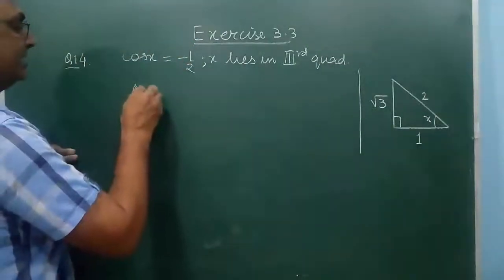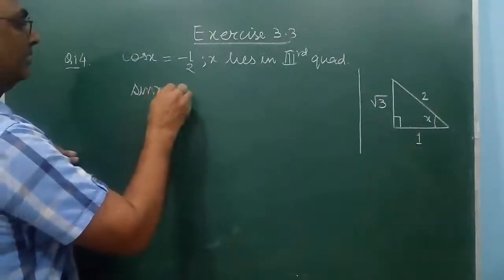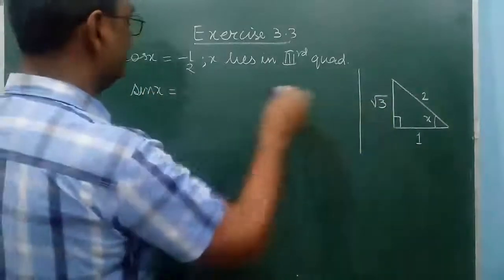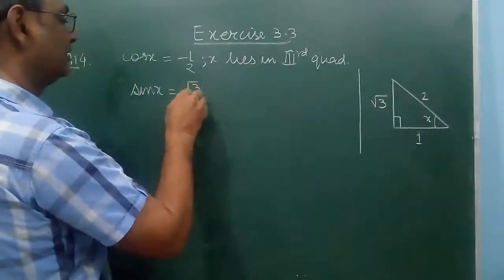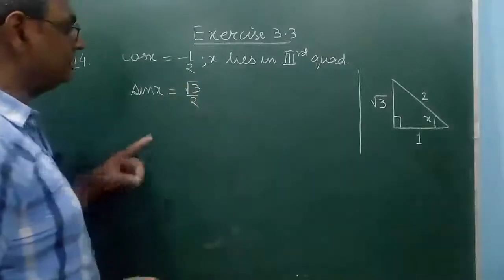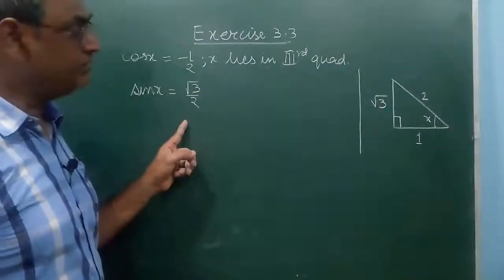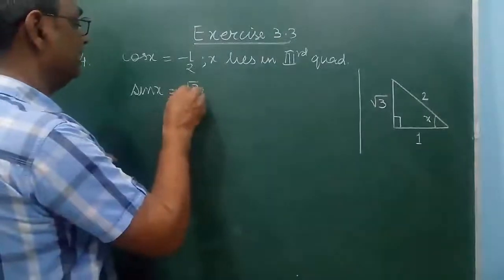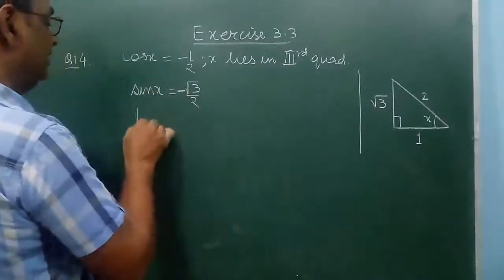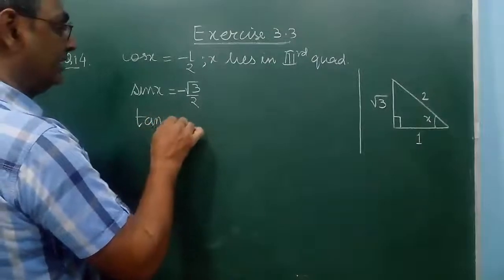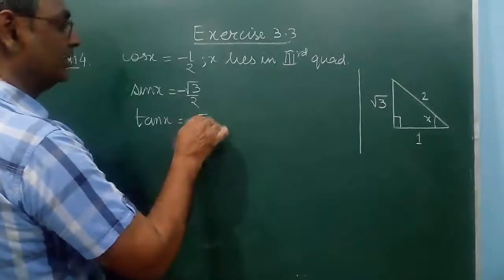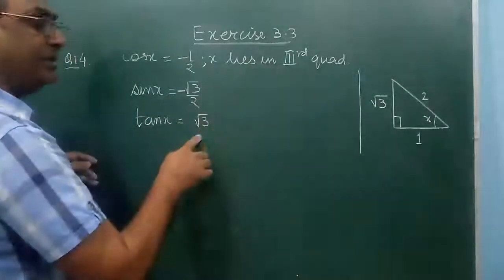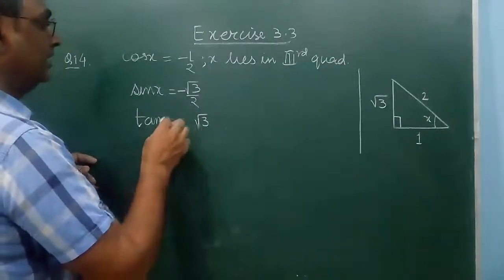So here sin x. Sin x is root 3 by 2. Now we have to see whether we have to take positive or negative. In the third quadrant, sin is negative, so we will put negative sign. Then tan x. Tan x equal to root 3. In the third quadrant, tan x is positive.